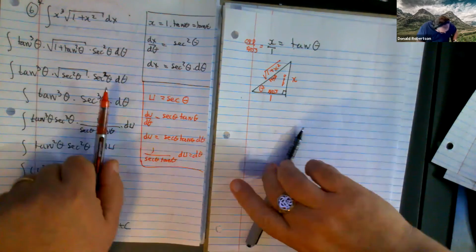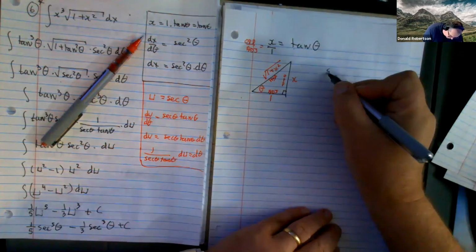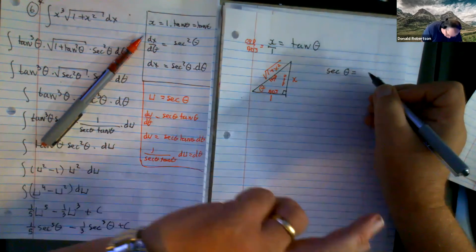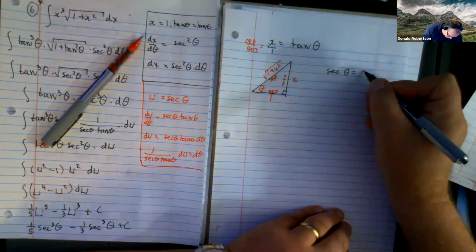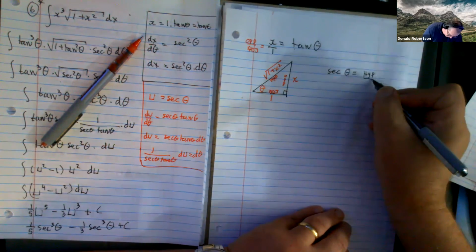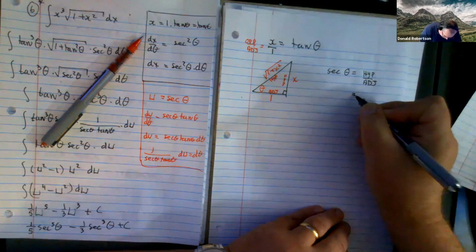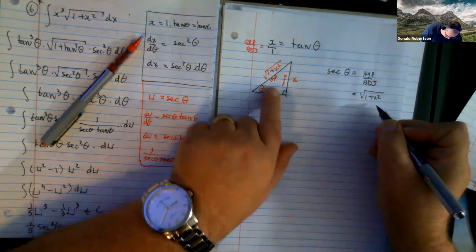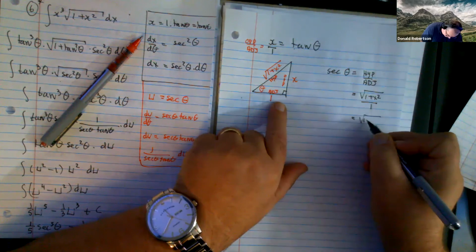And in this story, I need to know what a secant is. So secant theta is the reciprocal of a cosine. So instead of adjacent over hypotenuse, you use the other way around. Hypotenuse over adjacent. And hypotenuse is this ugly guy, and adjacent is 1. Oh, well, then that's just this ugly guy.